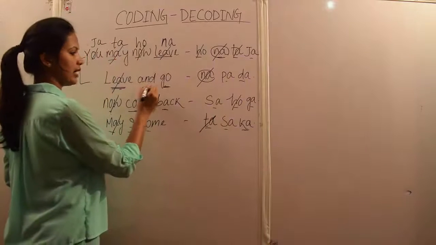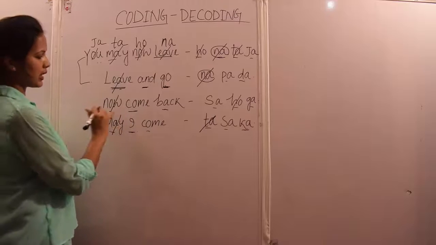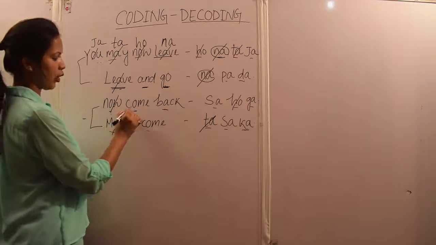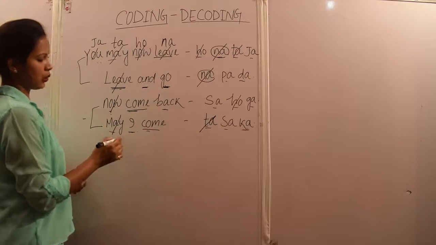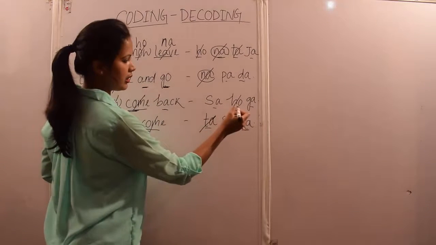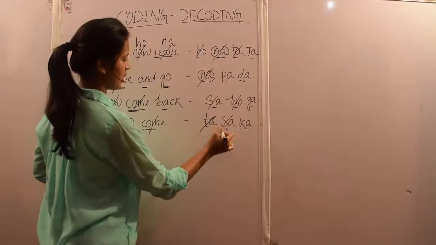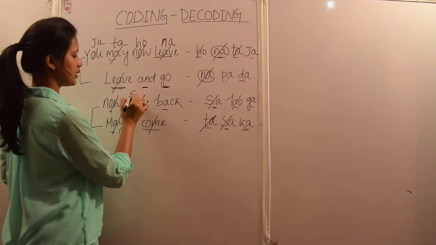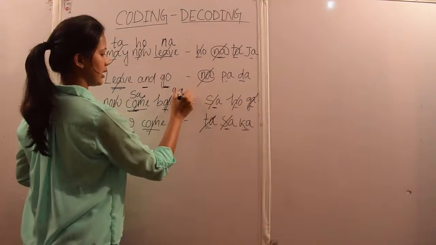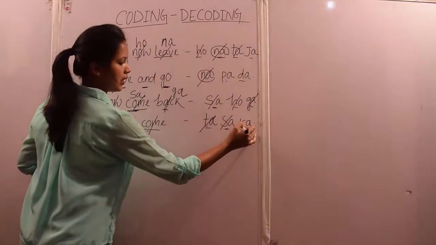I leave out 'leave' and 'go' because they are not in any other sentence. Then comparing the third and fourth sentences, come is the common word. The common code between these two is sa, so the code for come is sa. Then the remaining word is back, so the code for back is ga. Then I is the remaining part, so the code for I is ka.